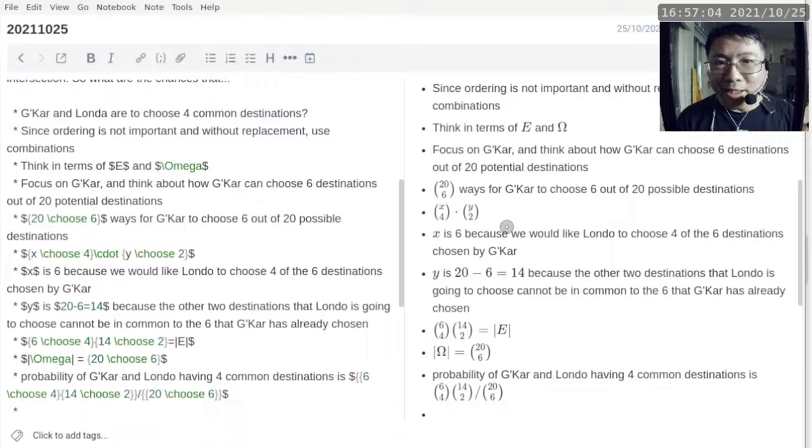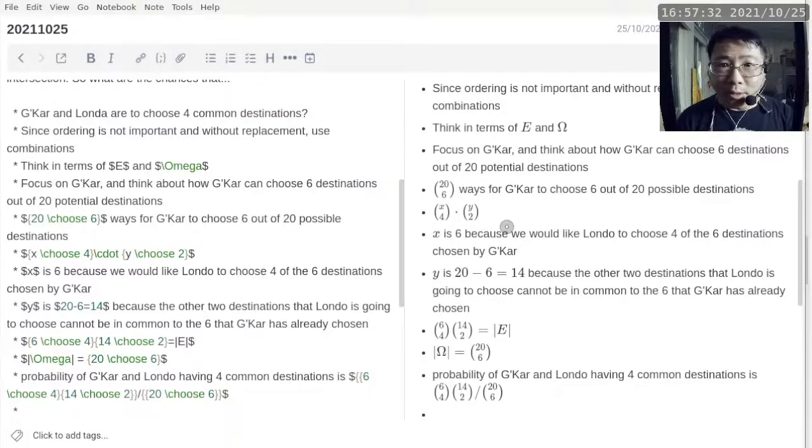So that's why x is 6, because it is the cardinality of the set of destinations that the first person has chosen. And y is 14, because that is the set of 20 destinations minus the set of 6 destinations that were chosen by the first person. I hope that explains why x is 6 and y is 14. Is that okay? Yeah, exactly.